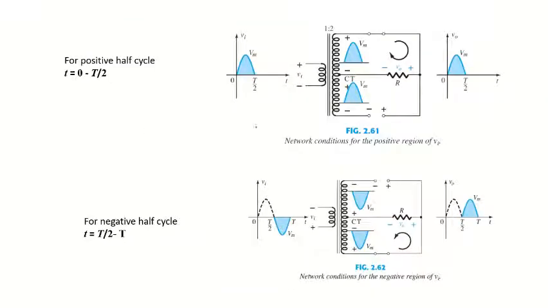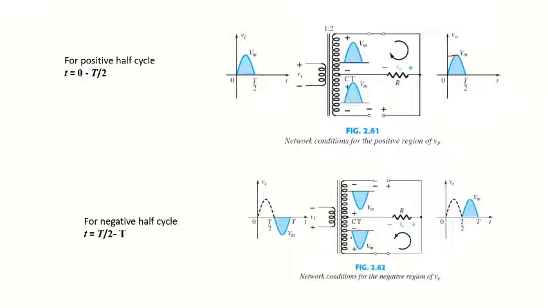So for the positive half cycle we are getting this loop, and the output is generated here, having the maximum value of Vm from 0 to T by 2. Similarly, for the negative half cycle, T equal to T by 2 to T, this is positive negative positive negative.